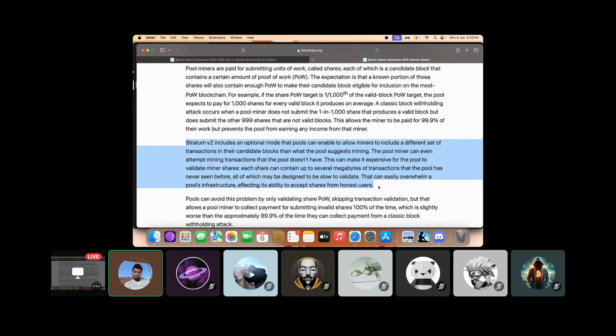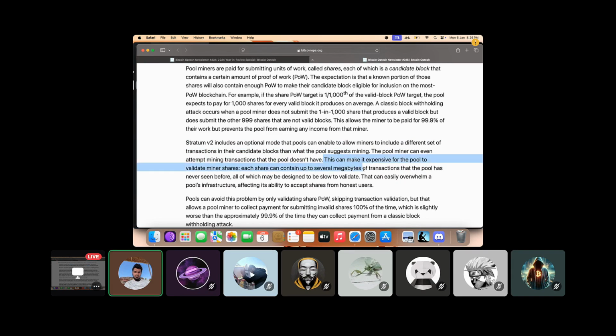If the mining pool itself is creating the block template, then it becomes very easy for the mining pool to validate that block template because that block template will never have any transaction that the pool is not already aware of. But if hundreds and thousands of miners are all creating their own templates, it becomes very difficult for the mining pool to validate the shares because the mining pool will have to validate individually those transactions that are available in the mempools of the miners and not available in its own mempool, which increases the overheads, right?